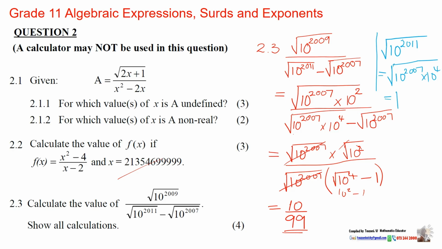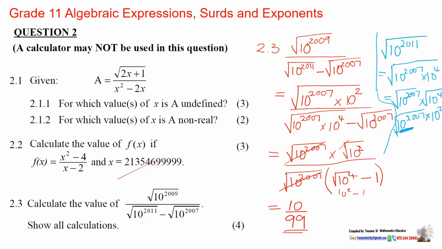Then from there, we separated the square roots into the square root of 10 to the power 2007 multiplied by the square root of 10 to the power of 4. The first one, 10 to the power 2007, cannot be simplified, so it stays like that. But this one here can be simplified to 10 squared.